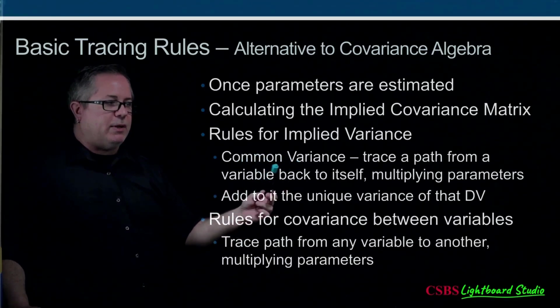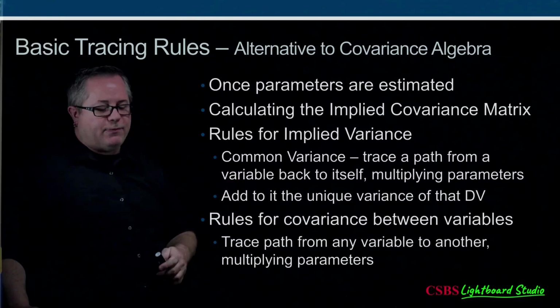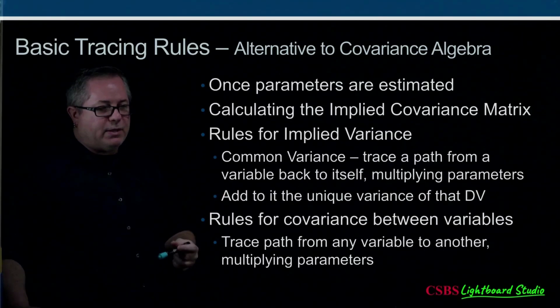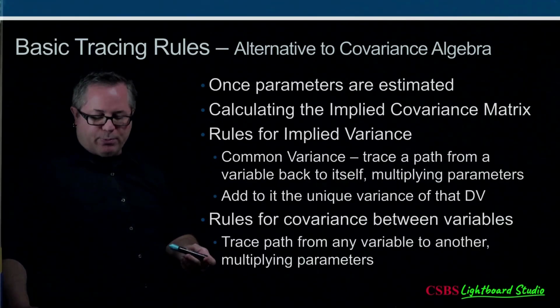For common variance, what does that mean? Remember I talked about this before, that for every endogenous variable, the variance is split into two parts. The variance for any endogenous variable that is dependent on the predictor is the common variance. That's a little confusing because we usually talk about common variance with factor analysis, where we talk about common variance as stuff shared.